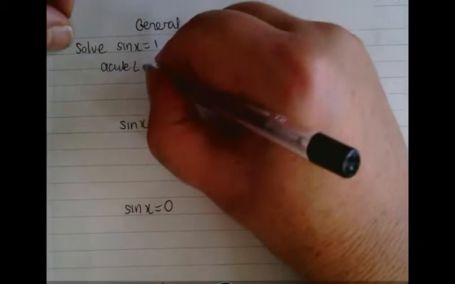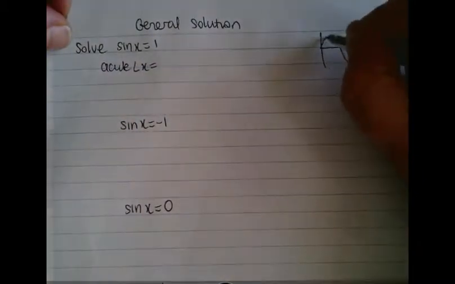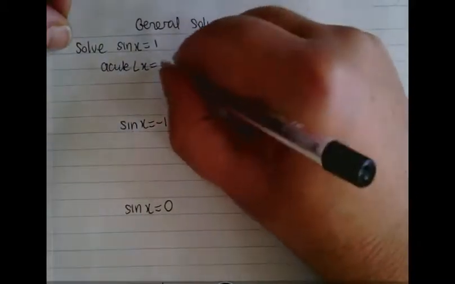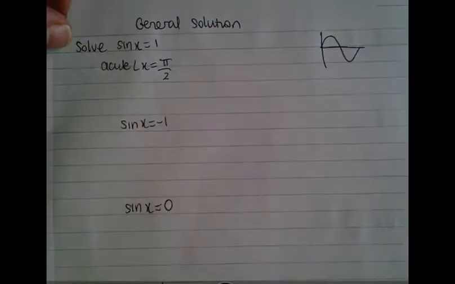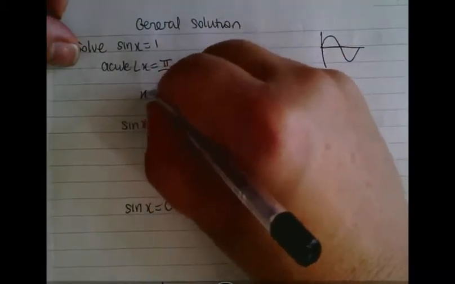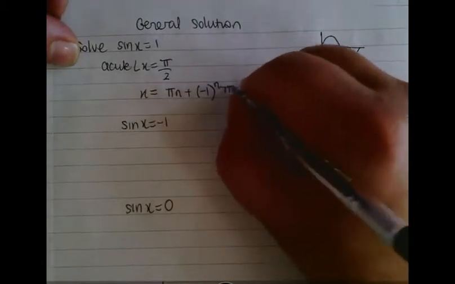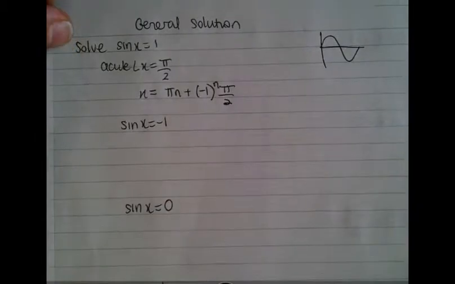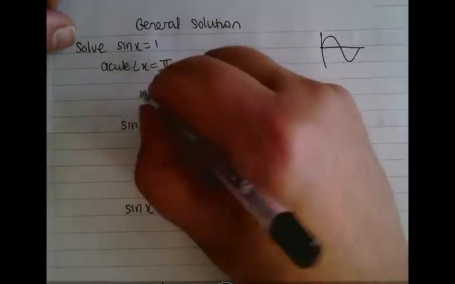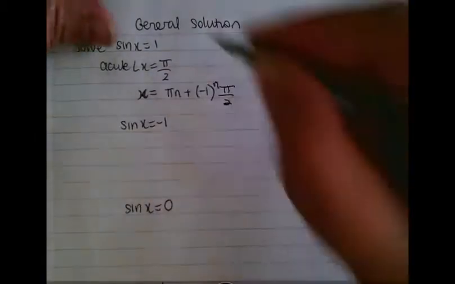Your acute angle x is sine of 90 is 1, so pi on 2. Okay? And then you can just use your formula. So therefore x is pi n plus negative 1 to the power of n times pi on 2. Okay with that? That is x.